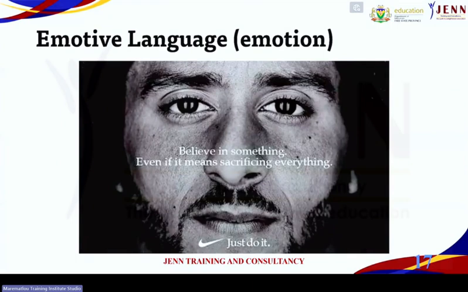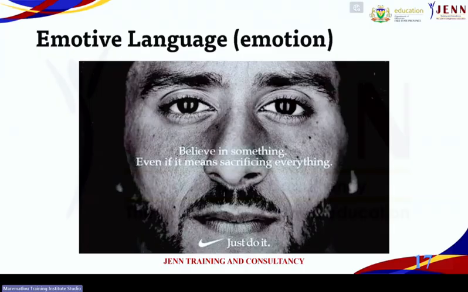So just take a moment to look at this image and decide what you feel when you read these words. This is an advertisement from Nike, and we know that their slogan is just do it.